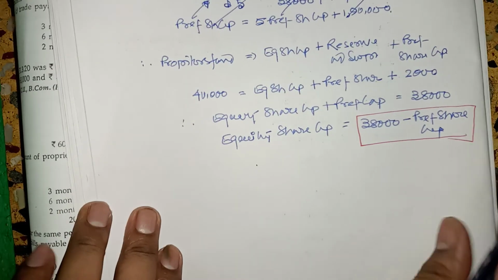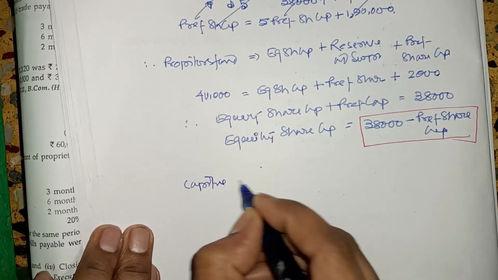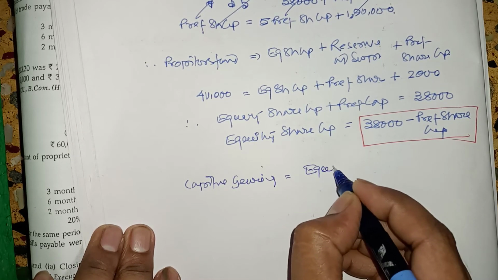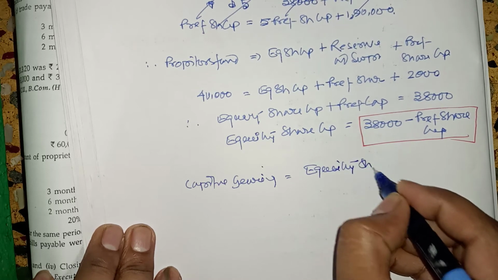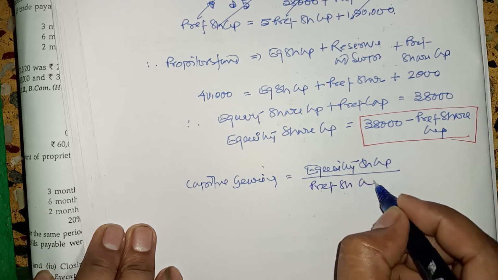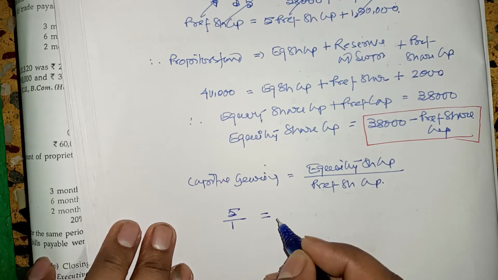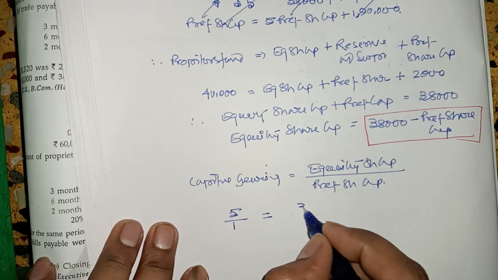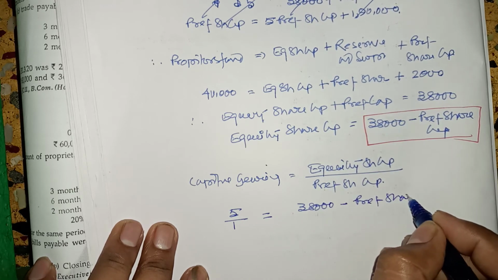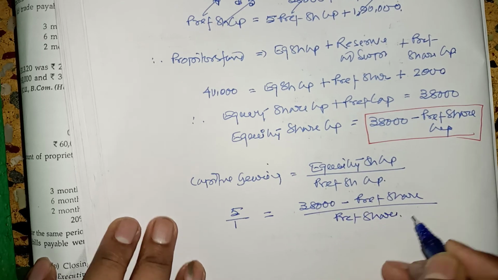Again we have to do the capital gearing ratio, meaning equity share capital by preference share capital. So 5/1 is equal to, instead of equity share capital we put 38,000 minus preference share, by preference share.